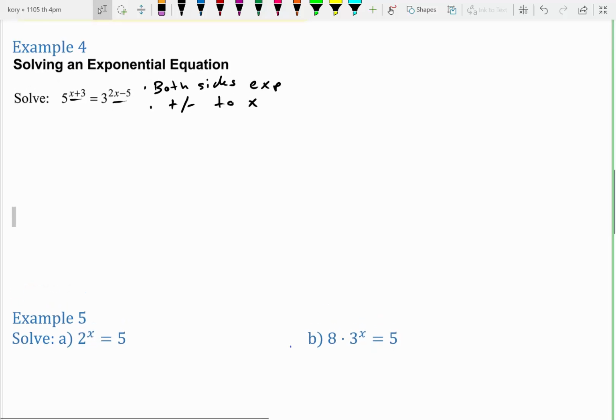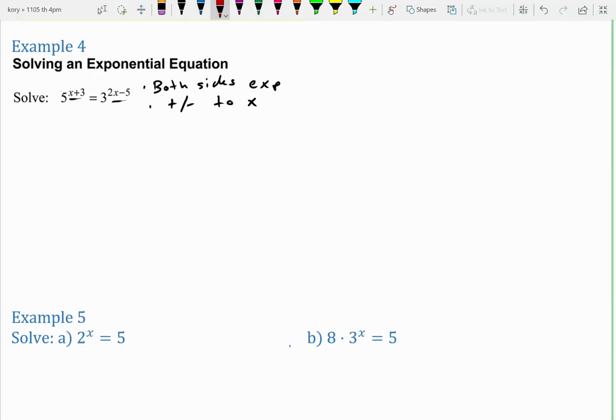So for example 4, are we going to do change of base formula? No. One big reason, there are x's on both sides. Since there are x's on both sides, you automatically know you have to do the 6 steps. So let's do that. The first step is to put a log in front of it.